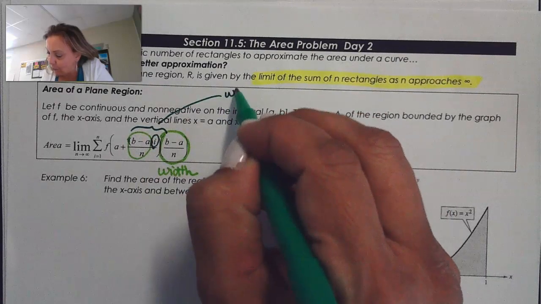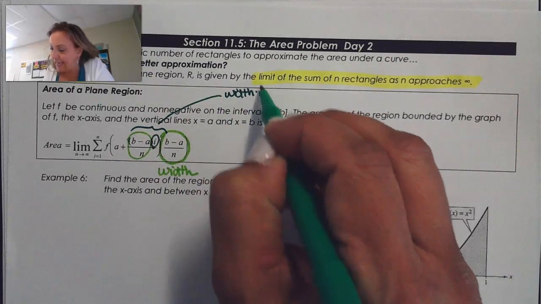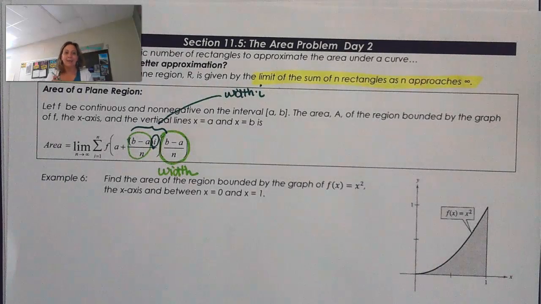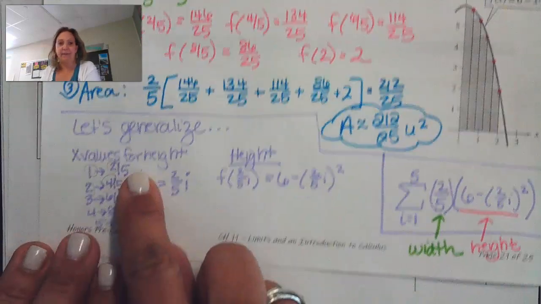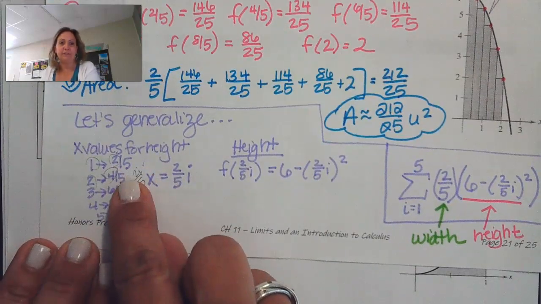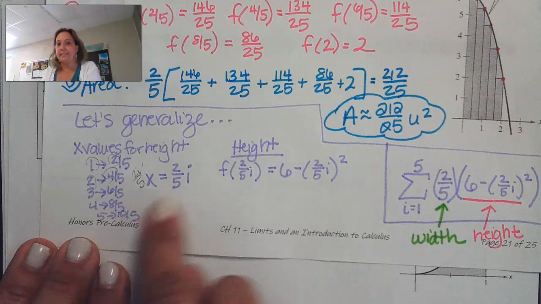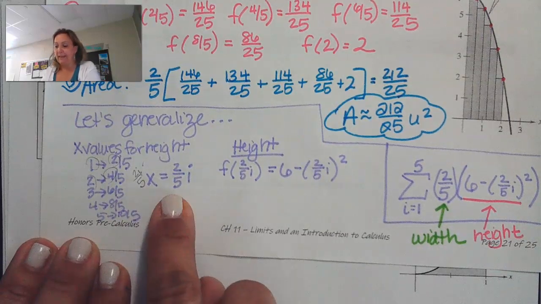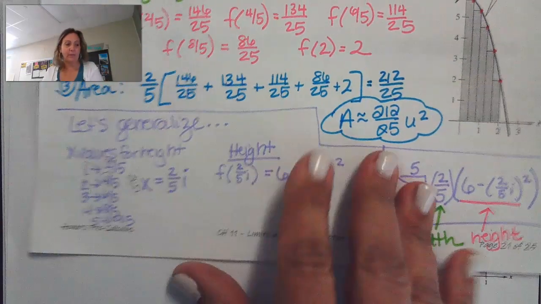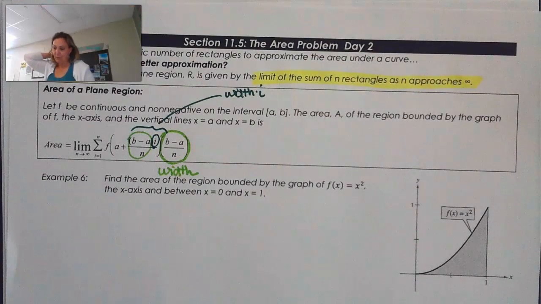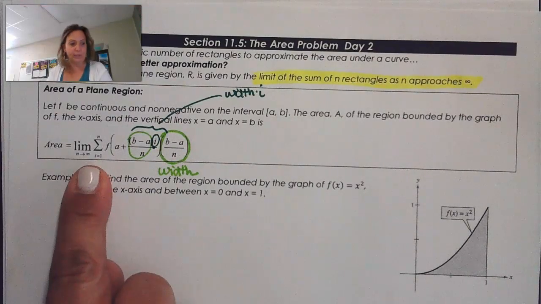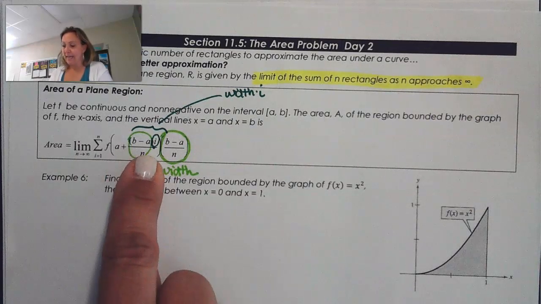In the last lesson, we said that we were going to have it for 2/5, 4/5, 6/5, etc. Essentially, it was the width times however many rectangles we were doing. And so we're taking f of the width times i.